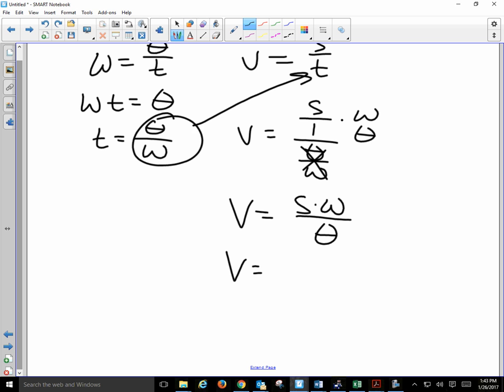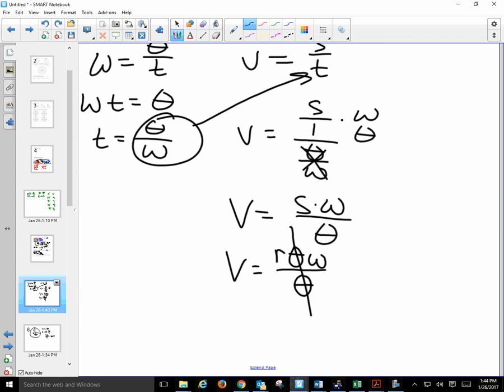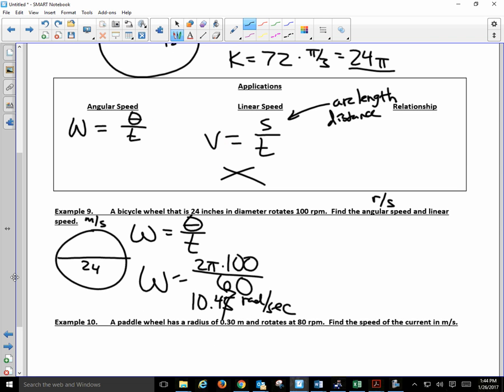What did we just learn as a formula for s? s equals r times theta. What happens to the thetas? They cancel, and I get velocity is r omega. So that's the formula we want to use. The relationship: velocity is equal to the radius times omega, which is the angular speed.